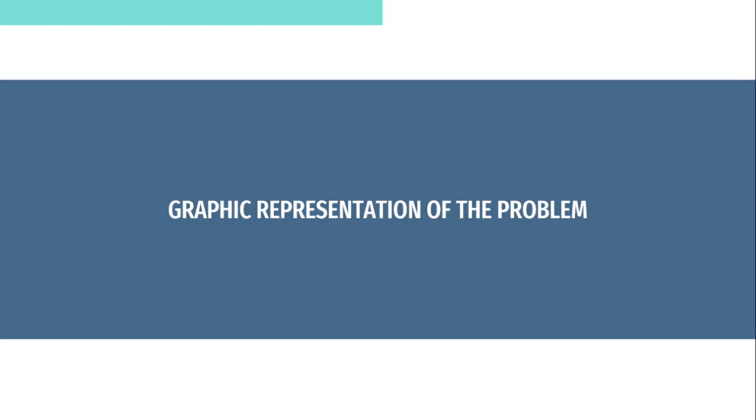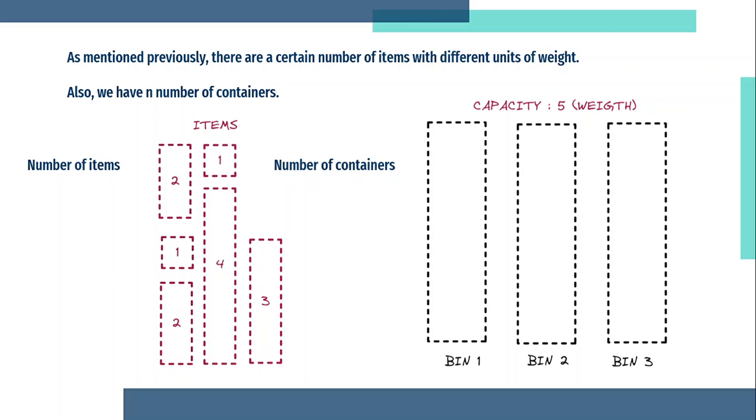Now we will check a graphical representation of this problem, and as I mentioned before, we will have a certain number of items with a specific weight and an unlimited number of containers. So here we have the items with different weights and containers with a maximum capacity of 5 units of weight.